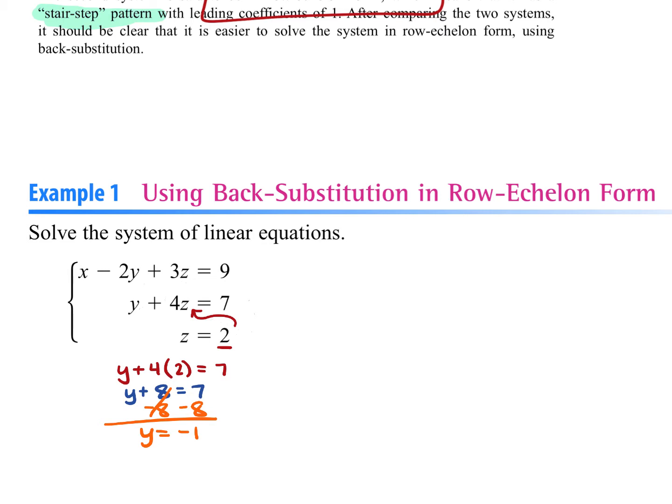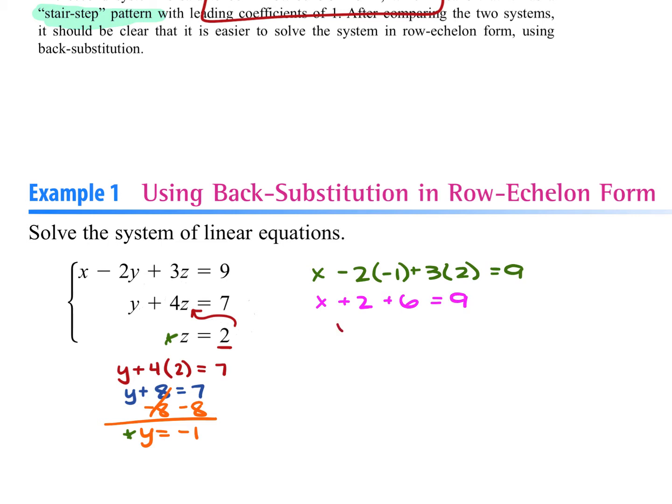Now that we have z and y, plug your z and your y into that top equation and solve for x. So x minus 2y, which is negative 1, plus 3z, which is 2, is equal to 9. We're going to have x plus 2 plus 6 is equal to 9.